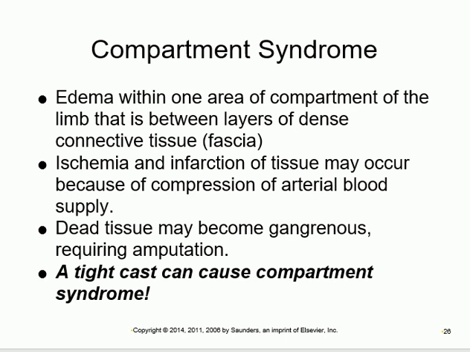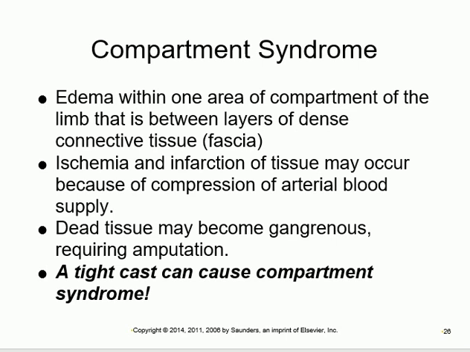Compartment syndrome. If you ever had a fracture before, or if you know somebody who had a fracture, when they put the cast on, it is not supposed to be too tight or too loose, right? It has to be something in the middle. If it is too loose, the bone is moving and it will take more time to heal, of course.